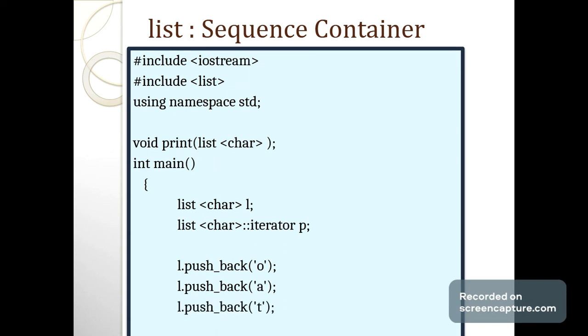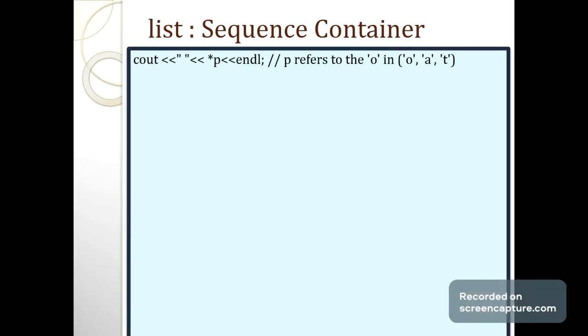After that I'm using L dot begin, so my pointer points to the first position, O. If I display asterisk p, p refers to O in OAT and it will display O. After that I'm printing the entire list, which has OAT.